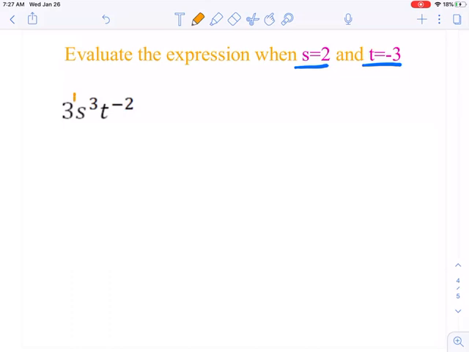S to the third, that's a positive exponent, so that stays. But then I have t to the -2nd. That's a negative exponent, so that has to move to the denominator. So before I plug things in, I'm simplifying. I'd have 3 s to the third over t to the now positive second.